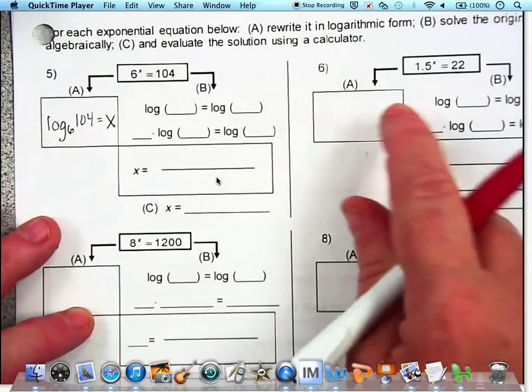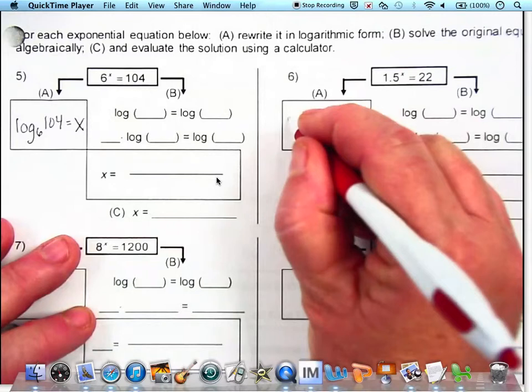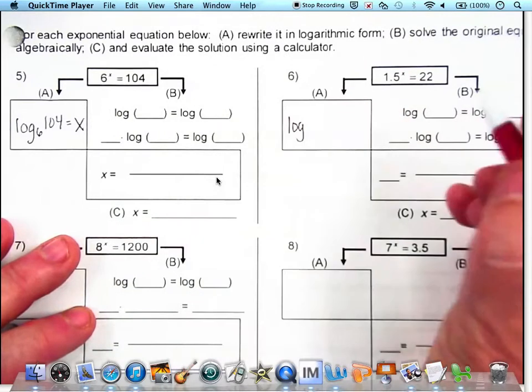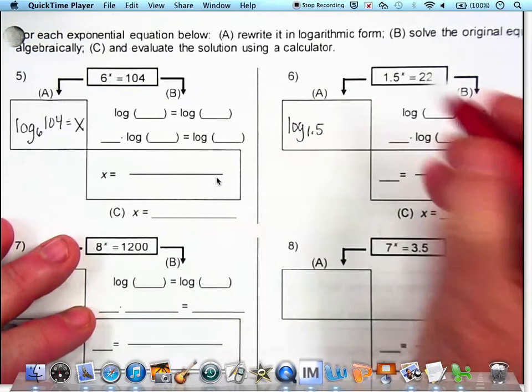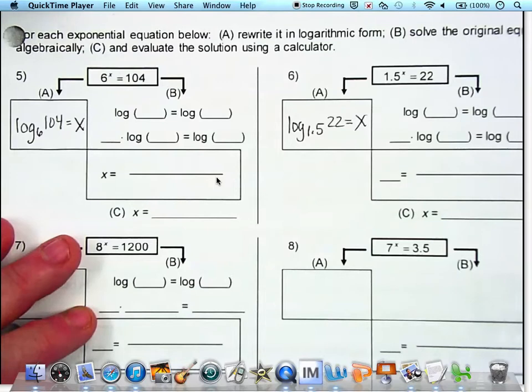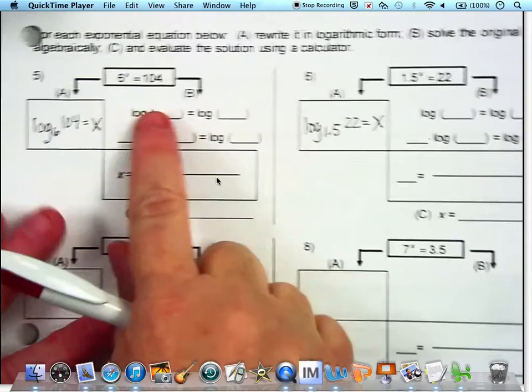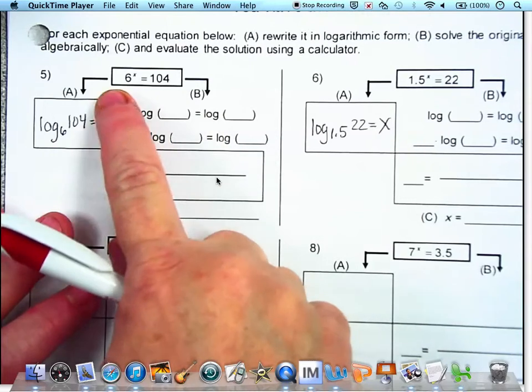How about, let's go ahead and rewrite 6 for now. Log base what? Start with your base, 1.5 of 22 equals X. Okay, now they want you to use the method that we just did, where we insert a log on both sides of the equation.